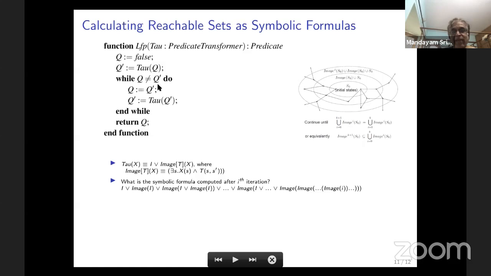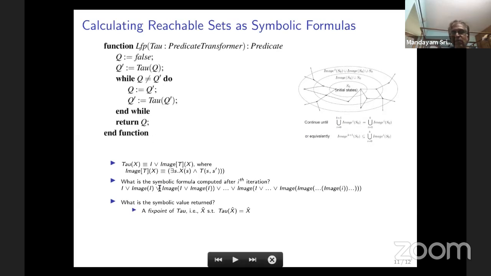And then you're checking when does this terminate? When Q is equal to Q prime. Each time it is returned as the result of applying tau to an existing formula. So it terminates when you've reached a fixed point of tau. At some point, when you apply tau to Qi to get Qi plus 1, that will be the same as Qi.